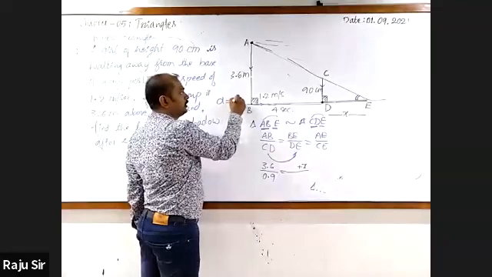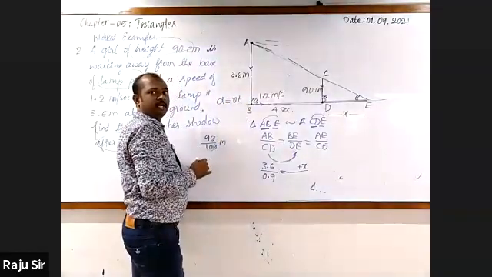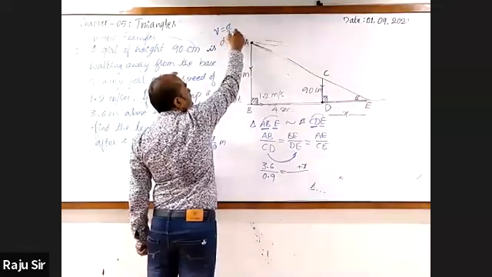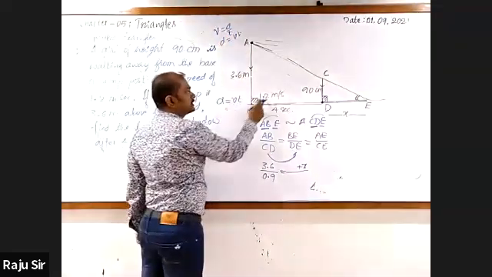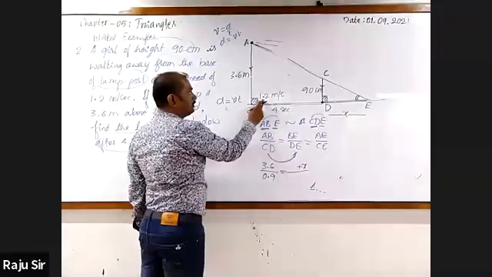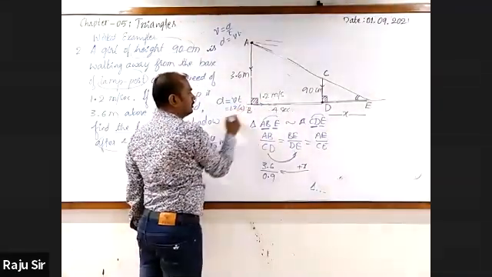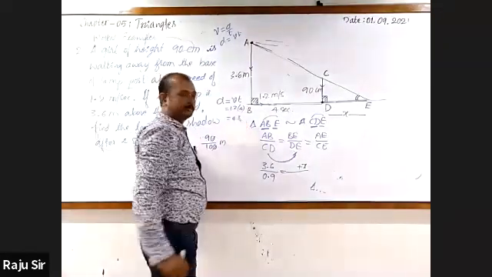Distance is equal to speed into time. Earlier we had written V equal to D by T, so D is equal to V into T. What is the speed? 1.2 meter per second. Time 4 seconds. 1.2 into 4 is 4.8 meter.